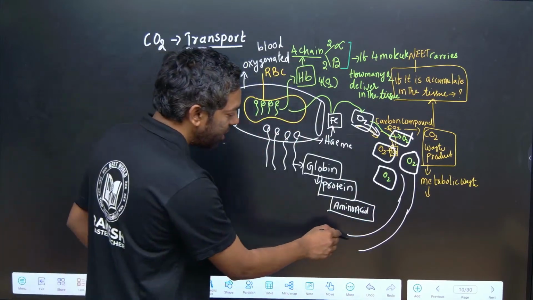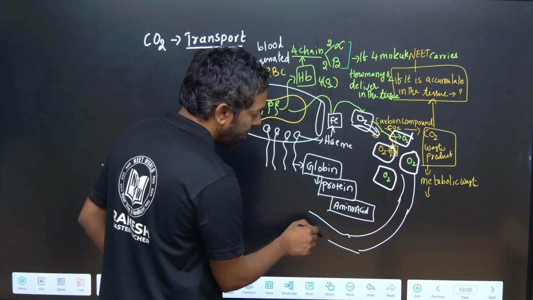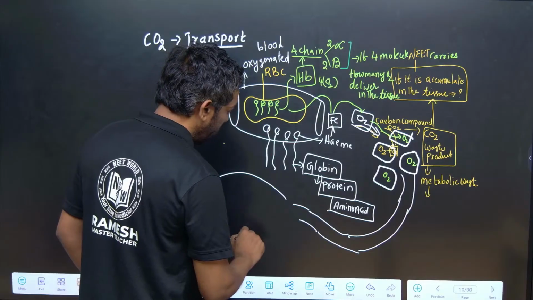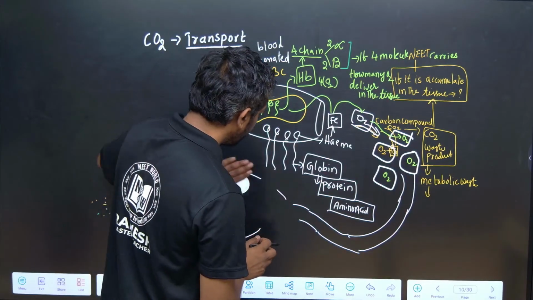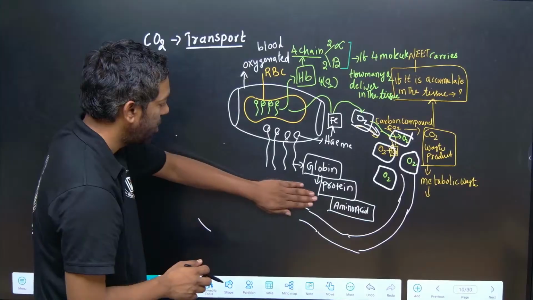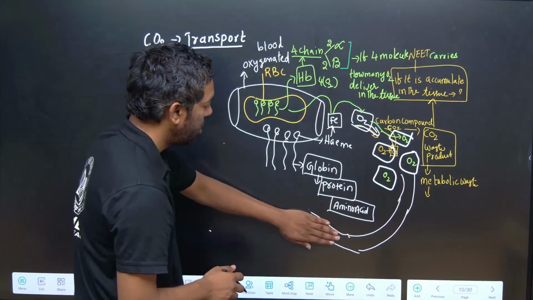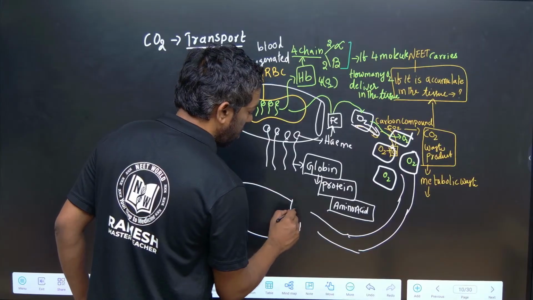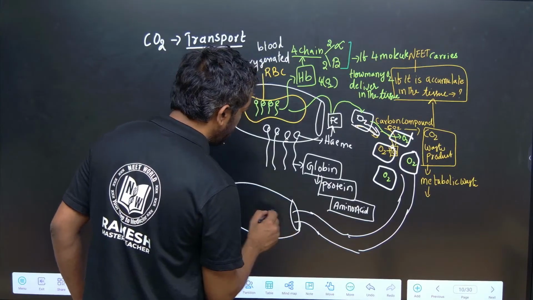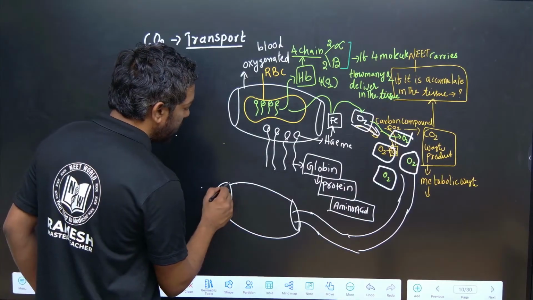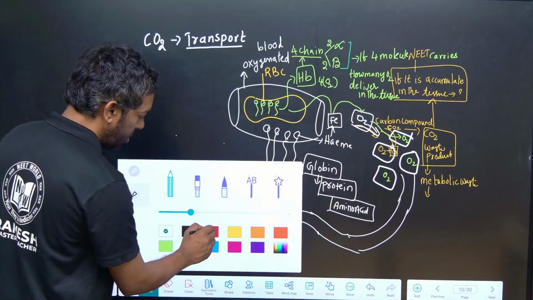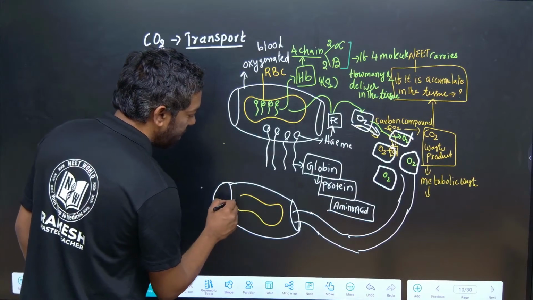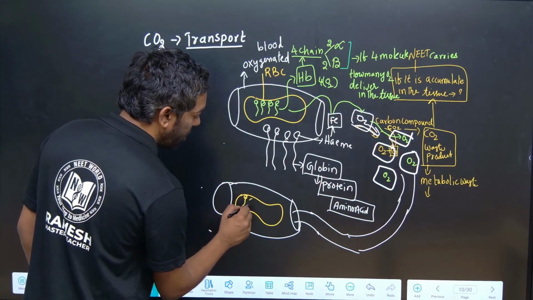This is the blood vessel. They can carry deoxygenated blood. This is the RBC, hemoglobin.